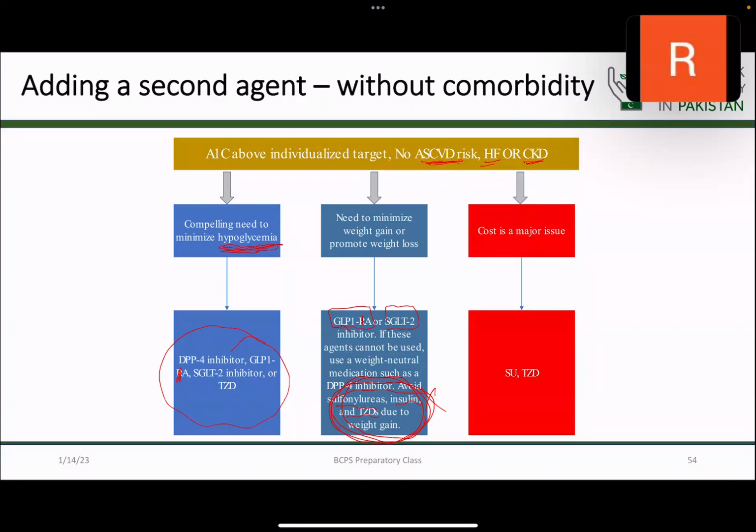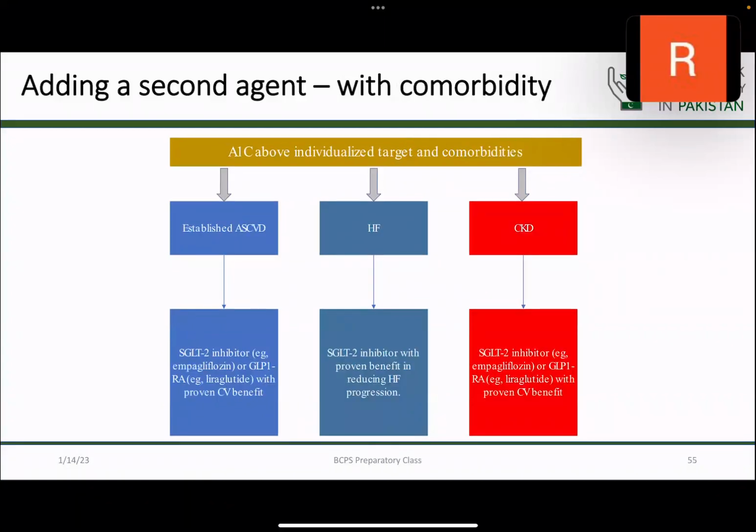This is only if there is no comorbidity in the patient. But if the patient has comorbidities as well, then the choices of second agents change. For example, if the patient has established atherosclerotic cardiovascular disease, then the preferred agents are sodium glucose transporter 2 inhibitors, for example empagliflozin, or GLP-1 agonists.